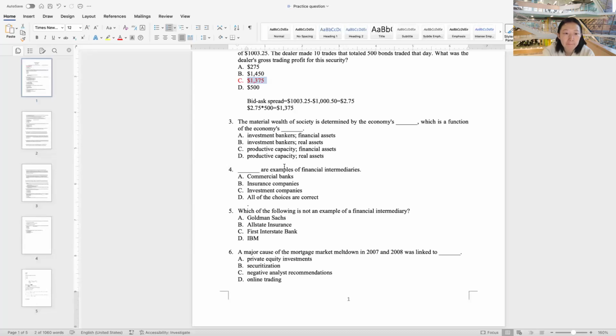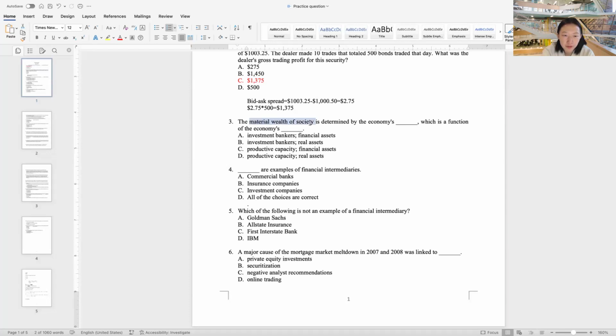Question 3. The material wealth of society is determined by the economy's what, which is a function of the economy's what? Again, this is the definition of a real asset and financial asset.